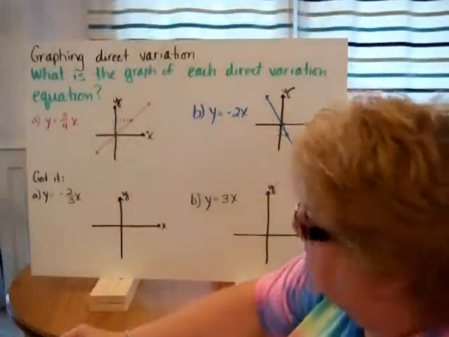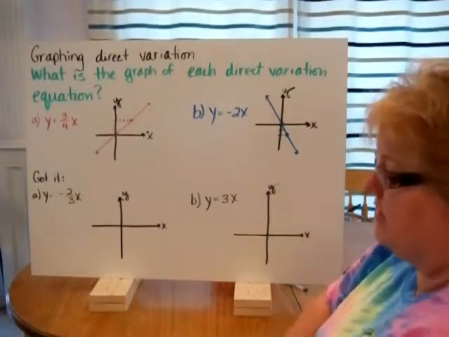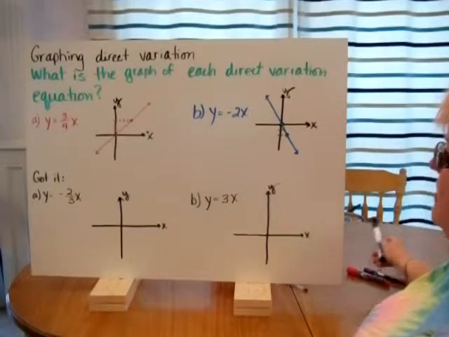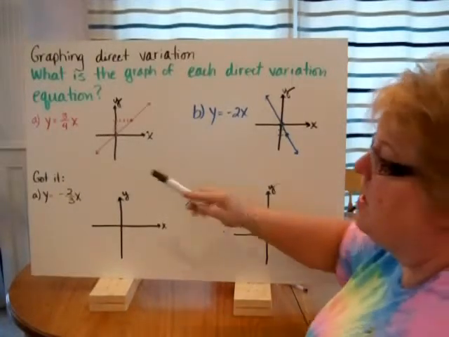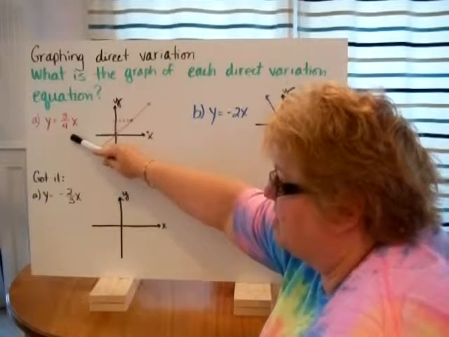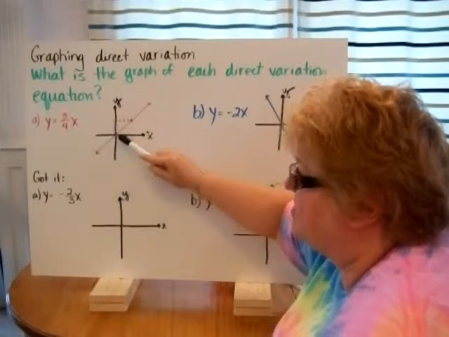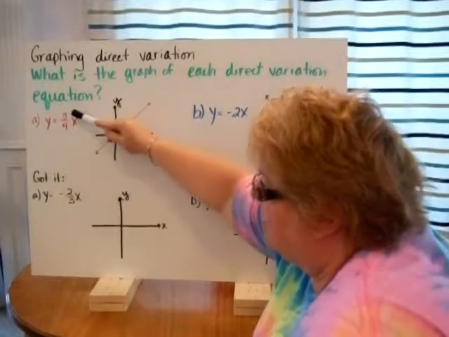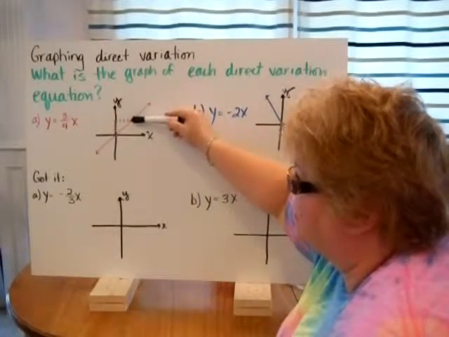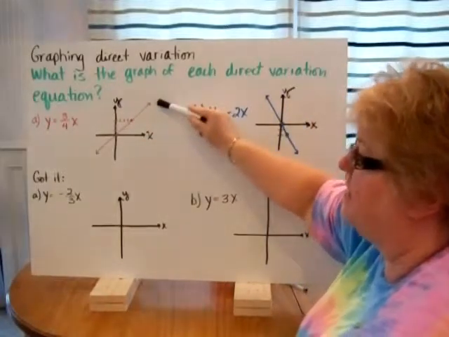And the last thing we want to look at is graphing a direct variation. And the question is, what is the graph of each of these direct variation problems? Remember, we already talked about how this K is the same as our slope. So we can just graph this by starting at the origin. Our slope tells us to go up 3 and over 4 to find our second point, and then draw the line.